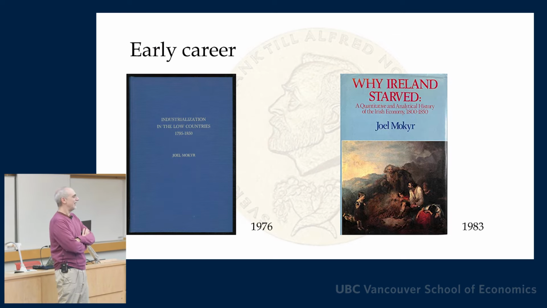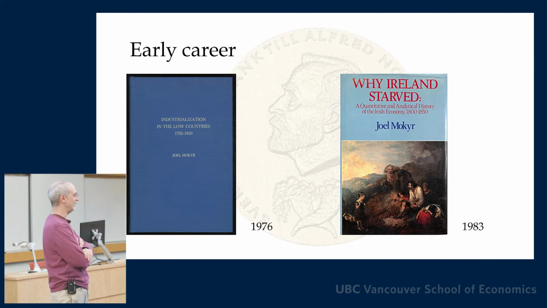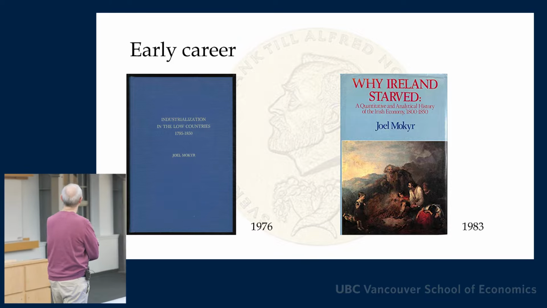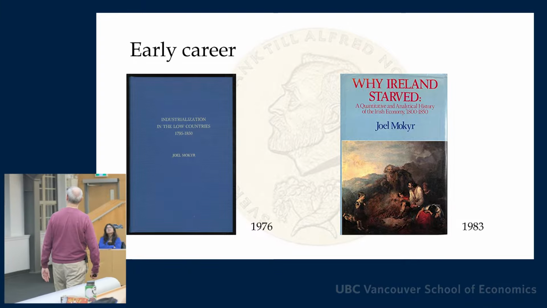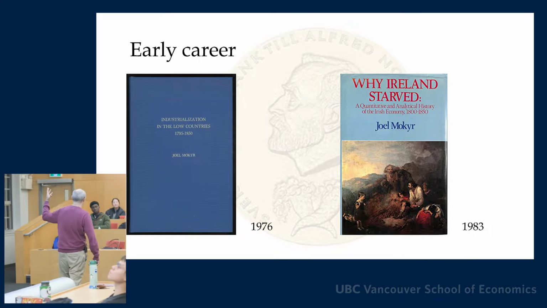So I will sort of review Mokyr's contribution by just following his major books, and telling you what's in them. These two are not related to the Nobel Prize, but are his very early books, the ones that got him tenure. The first one is called Industrialization in the Low Countries, and it's actually his PhD thesis, just in book form.